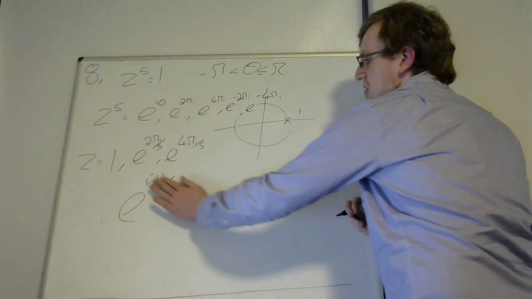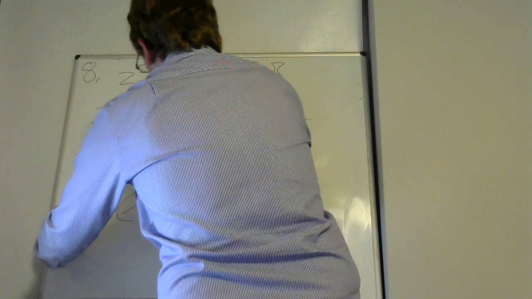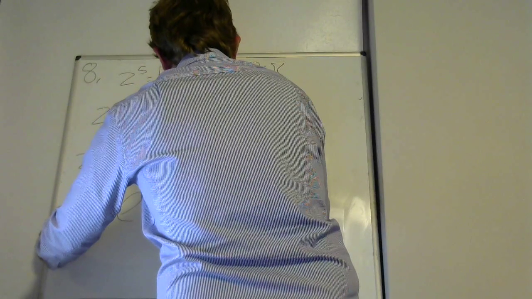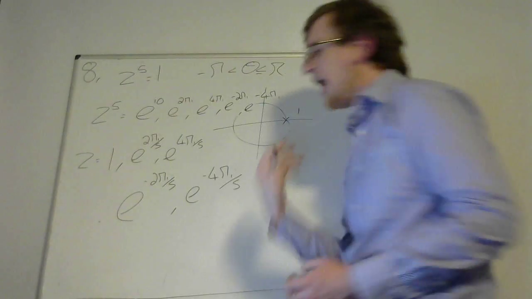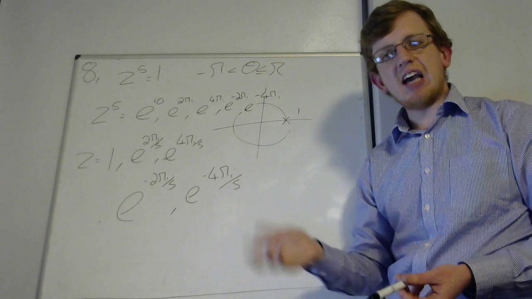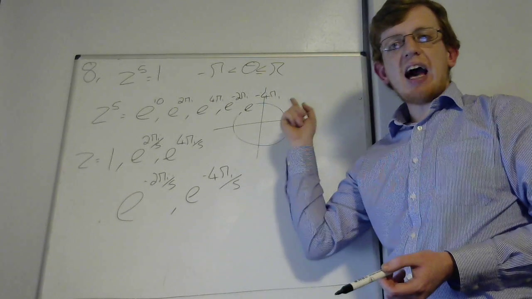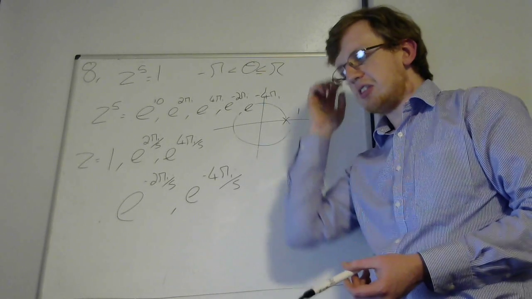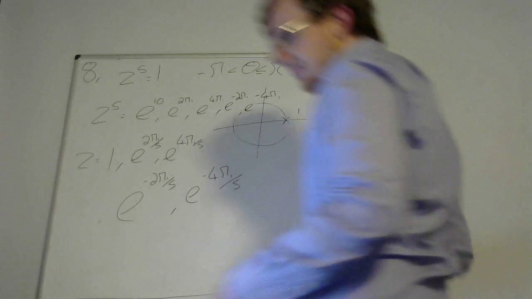And that gives us the last 2 correct solutions in our range: e to the minus 2 pi i on 5 and e to the minus 4 pi i on 5. So you have to be careful with your range there. You have to make sure that if you're going out of your range, just go around the other way to generate more solutions that are inside your range. Okay, so we've got the 5 solutions of this now.